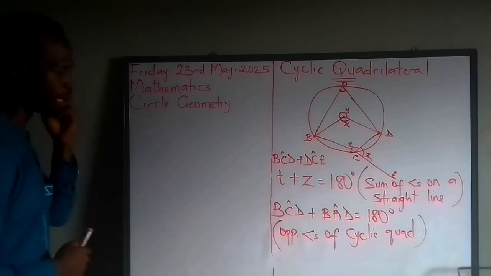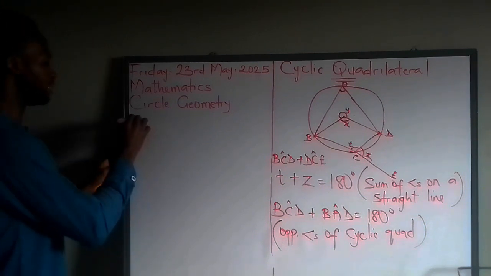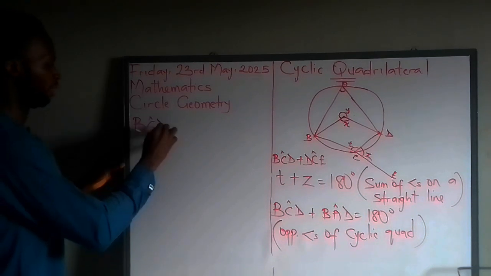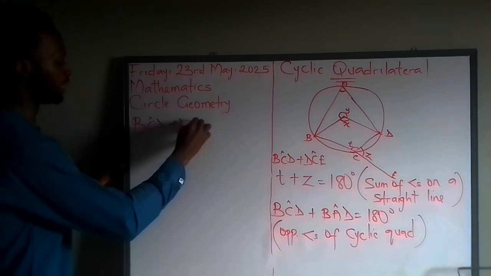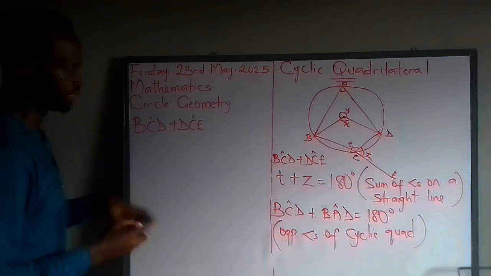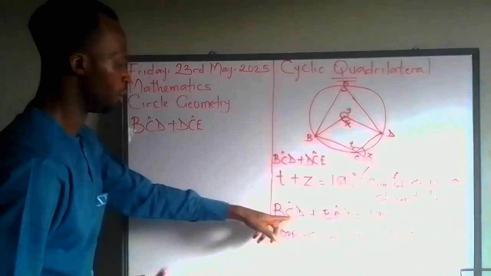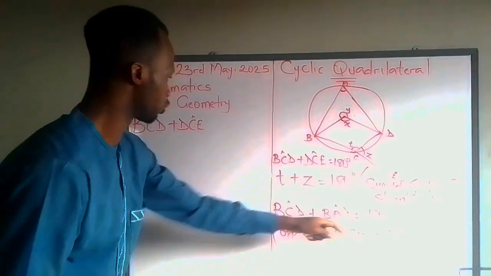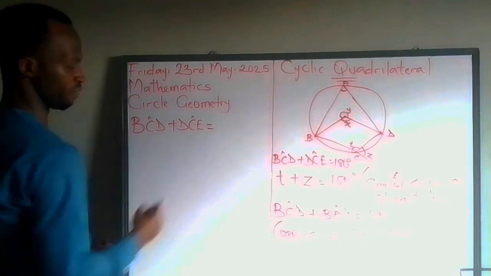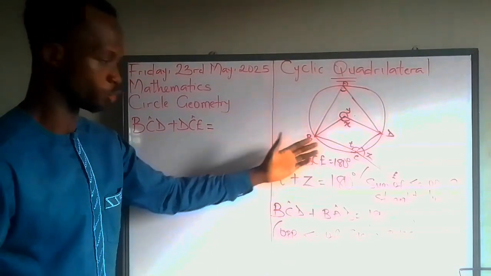So let's see how we can put this in writing. Angle BCD plus angle DCE is equal to 180 degrees, and BCD plus BAD is also 180 degrees. We can call them equations 1 and 2.